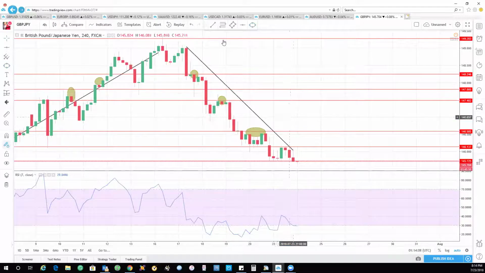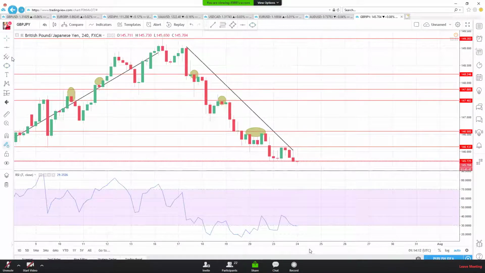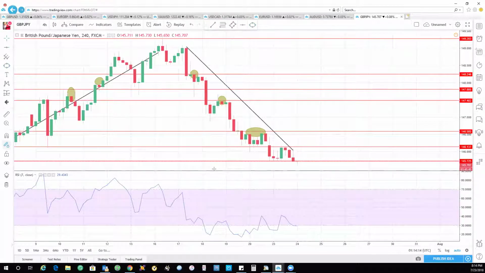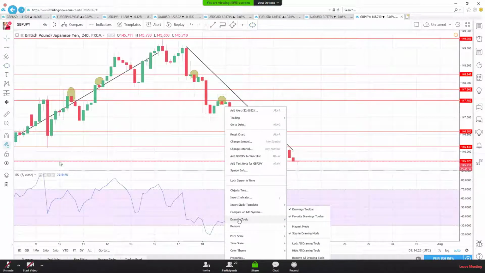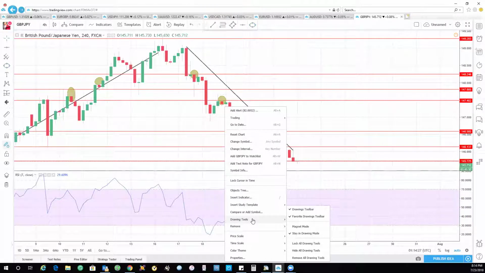Okay, so when you're ready to add your tools, you basically go to this column right here. Well, first, what you'll do is right-click anywhere on the chart, scroll down to Drawing Tools, and click Favorite Drawing Tools, and this will give you this little block.